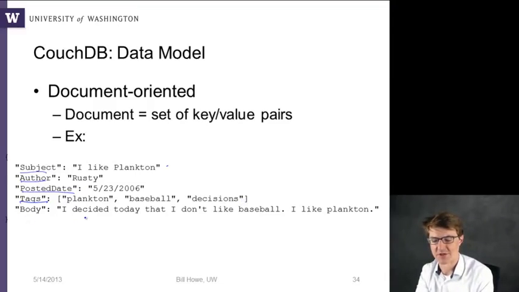And then they have a body, which is another string. Fine, and you'll notice that this is actually JSON compliant. We looked at JSON in the Twitter assignment, and so it's another occurrence of this. One of the reasons I wanted to make sure you were working with JSON before is that it does get popular. In CouchDB, all data is represented in JSON, and all the requests coming back are represented in JSON as well.